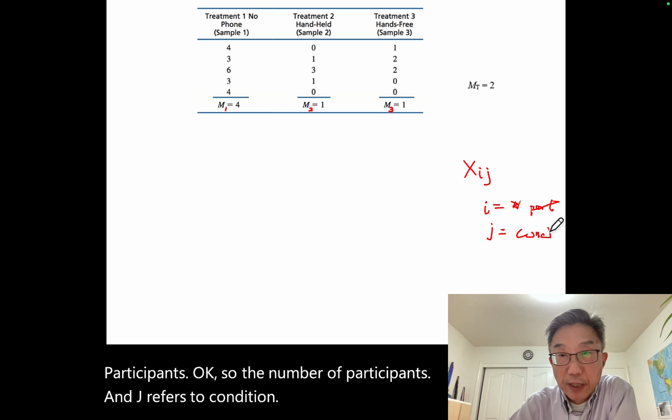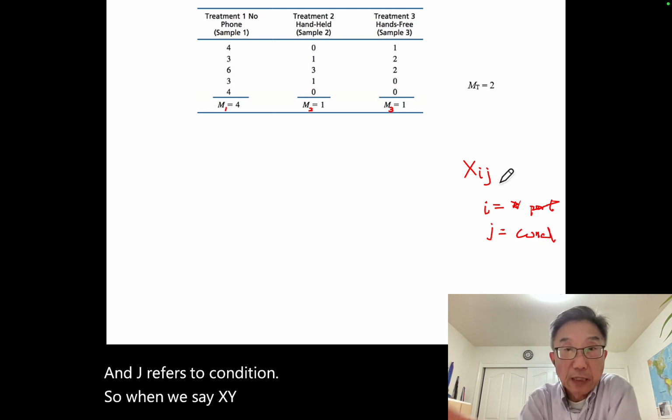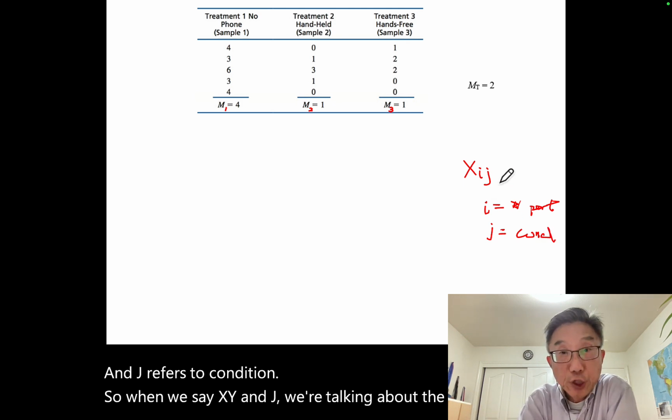So when we say x of i and j, we're talking about the ith subject in the jth condition.